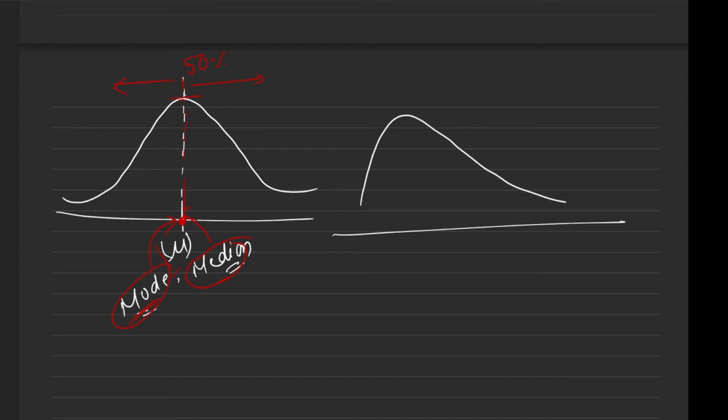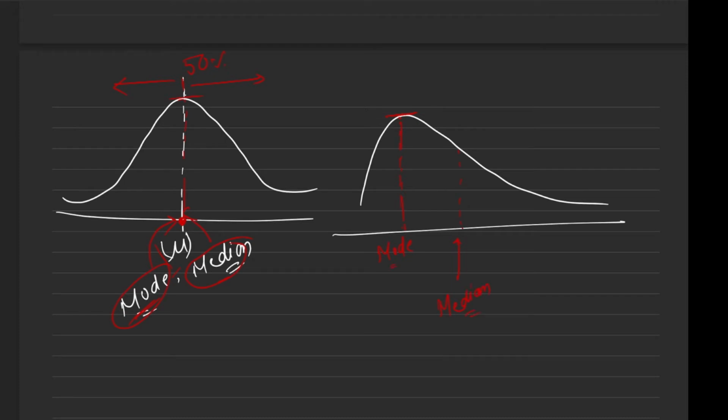Okay. So in the normal distribution, everything is concentrated at one data point. Now if you have, let's say, the positive skewed, what will be the case? In the positive skewed, one thing is very clear, that this will be the mode. The maximum data points appear here, and the median will be somewhere here, right?